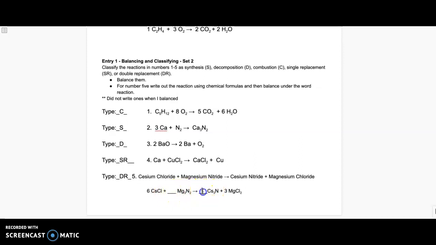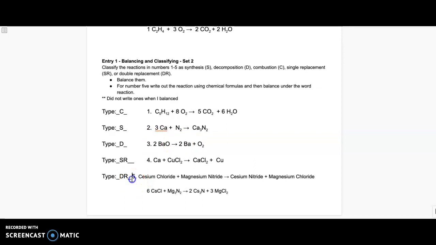Need 2 nitrogens. So right here, I need 2. That's a 3. 2 nitrogens, and then 3 magnesiums on both sides, and so forth. So you see how starting in a different spot gave me the correct answer a little bit easier. So sometimes starting in a different spot, especially on these double or single replacement problems, or even synthesis and decomposition, can help you as well.